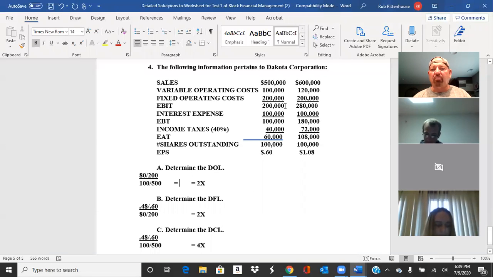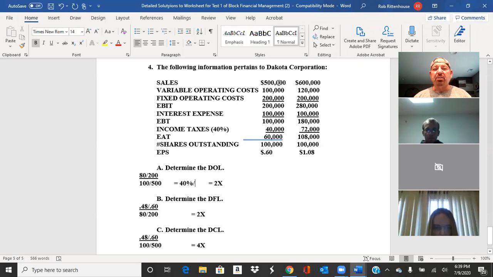Well, EBIT went up from 200,000 to 280,000. That's a change of 80,000 divided by the original figure of 200,000. 80 over 200 means you had a 40% increase in EBIT.